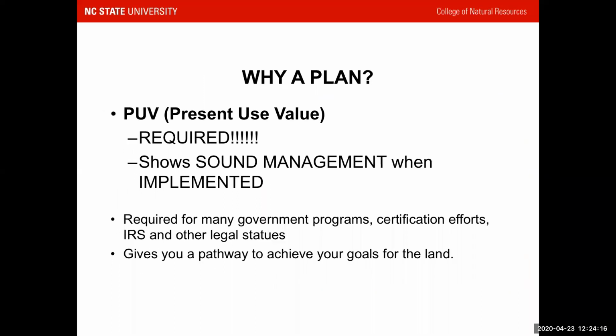So when we look at why we need a plan, the first requirement here in North Carolina, the biggest thing that Mark was talking about, was the present use value tax. In order for a forest landowner to participate in that program, they have to have a management plan that shows sound management when it's implemented. It also has to show timber production.